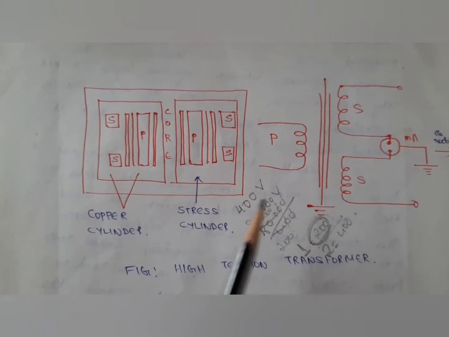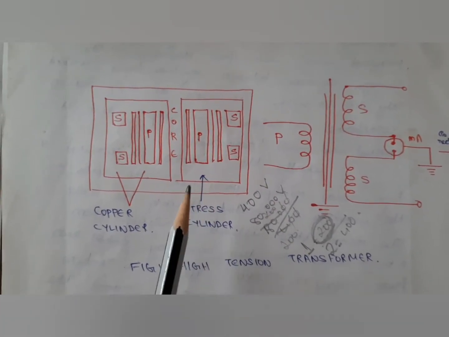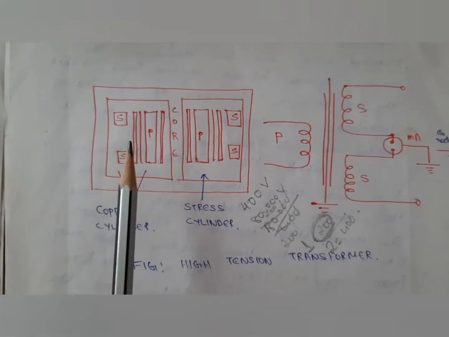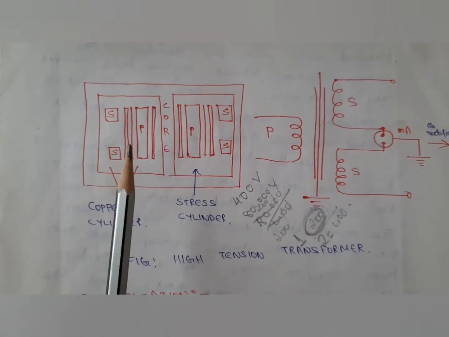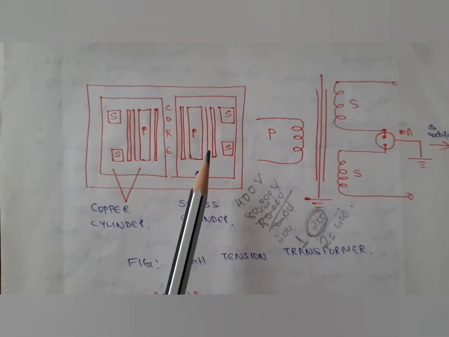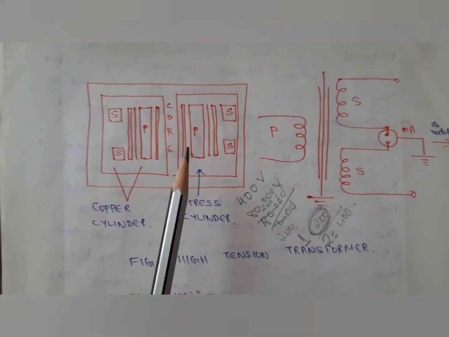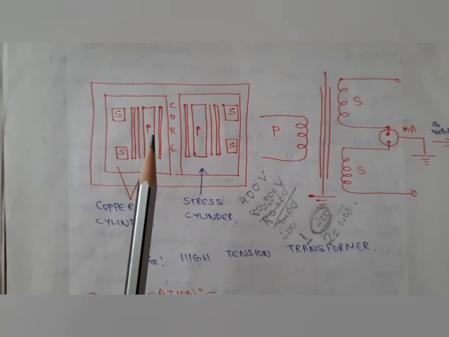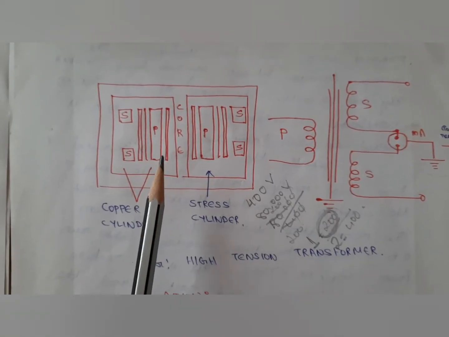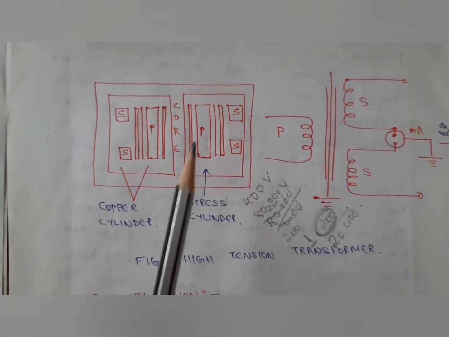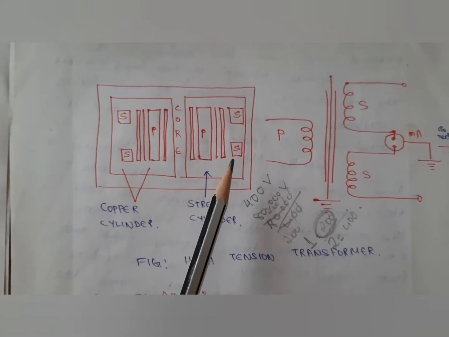So I'll just brief the high tension transformer once more. The first point is that the high tension transformer is a step up transformer. That means it will convert low voltage into high voltage. This high tension transformer can provide a voltage ranging from 20 to 150 kilovolt and a current up to 1000 milliamperes for the X-ray tube to function.